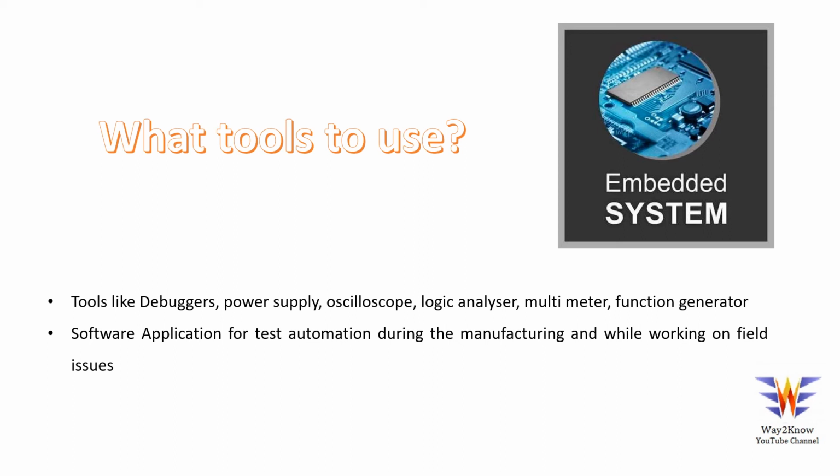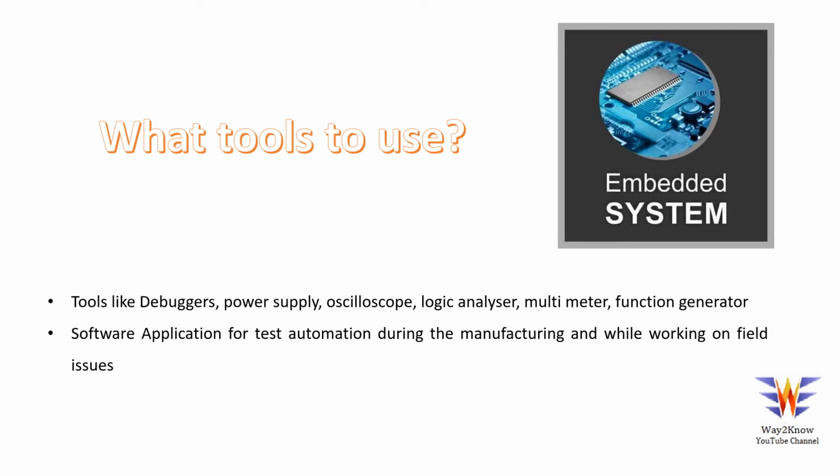And then, what kind of tools to use in testing? During the prototyping phase, to program the board, we use the JTAG, and then the debuggers, the emulators, and the power supplies, function generators, oscilloscope, logic analyzer, multimeter, and any signal generators.